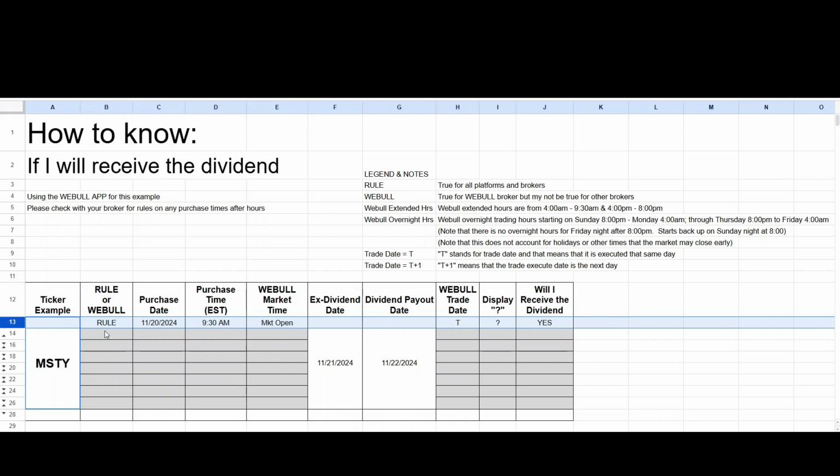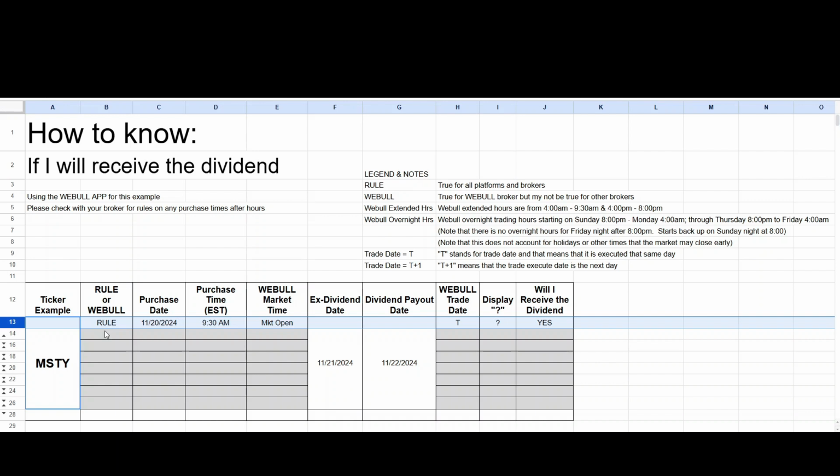But if it is a T+1, that means it will not execute until the next day. So if you purchase something and it's T+1, it will not go through until the next day. You may have to go back and re-listen to some of this. We're going to cover a lot on this one.